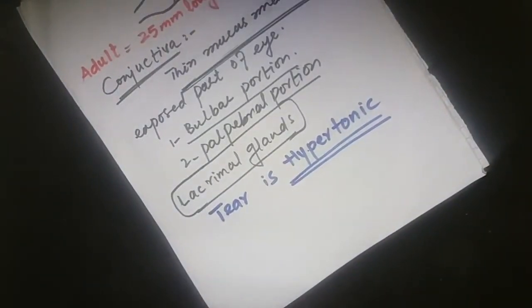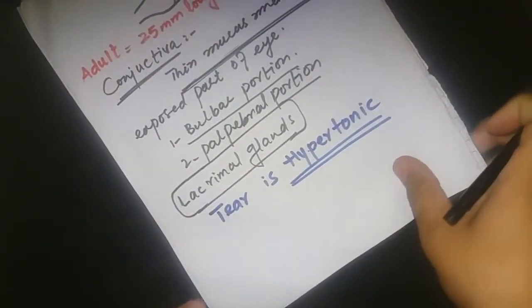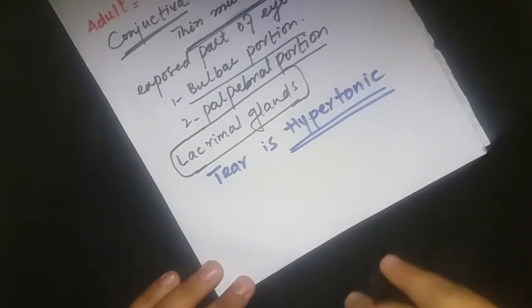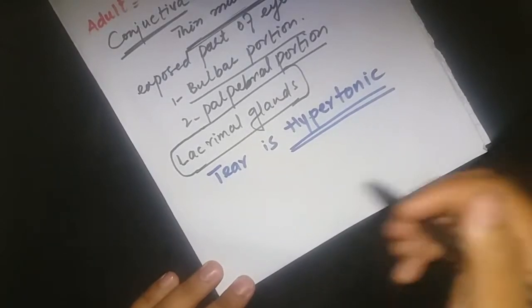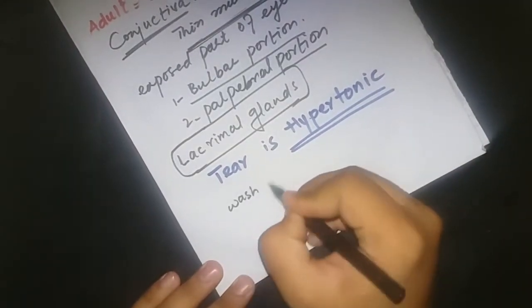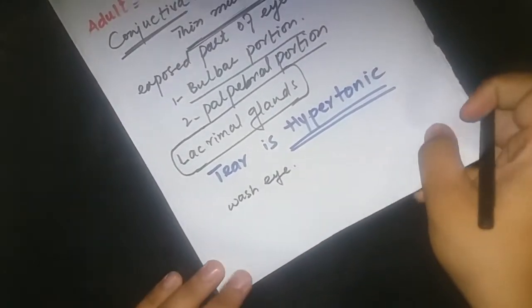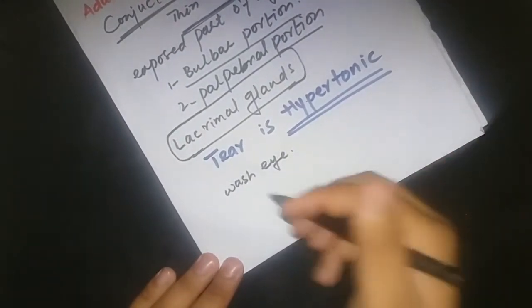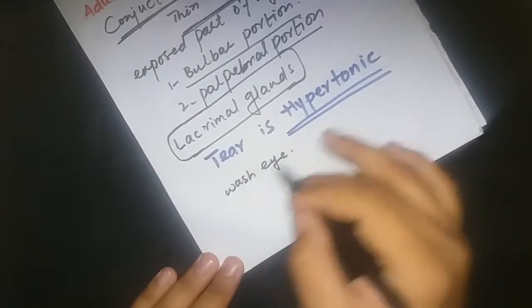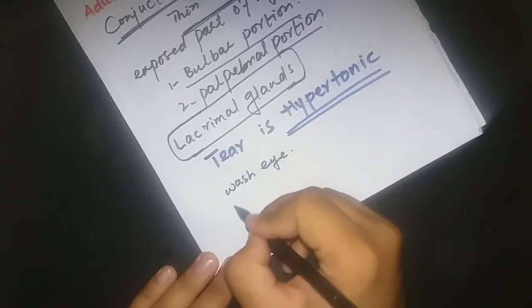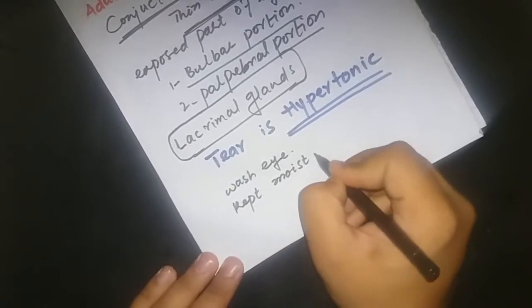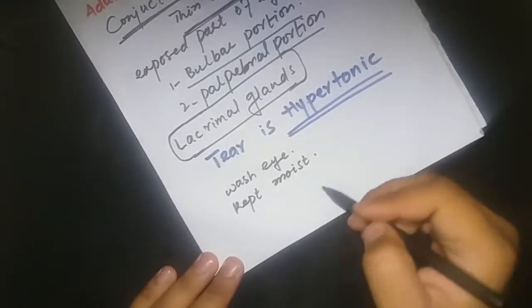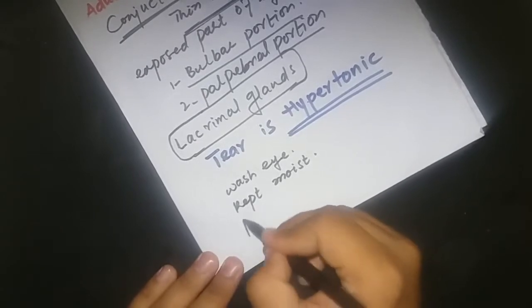So when the tear flows over the conjunctiva, over the surface of the eye, due to its hypertonic nature it washes the eye. It also keeps the conjunctiva moist. And the most important function of tear is that it prevents infection.